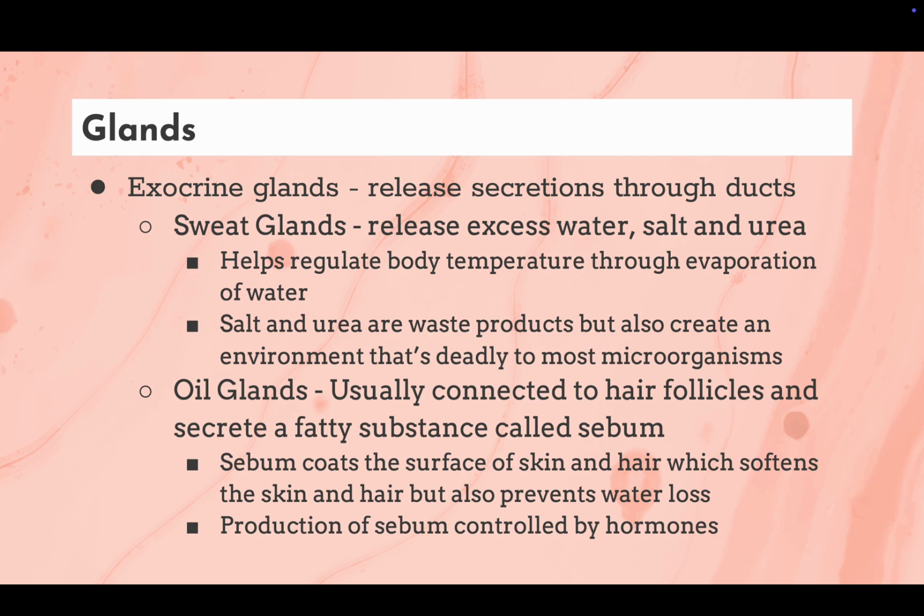The water itself carries a lot of heat, but the evaporation process also cools the body down. A secondary function is that salt and urea are waste products, so getting rid of them is a bonus.